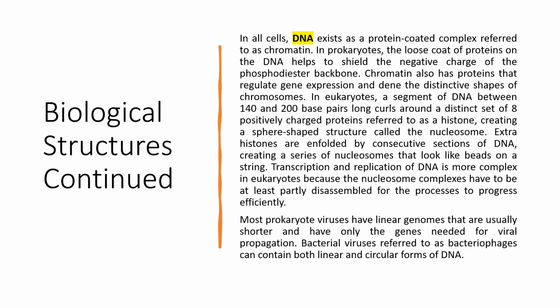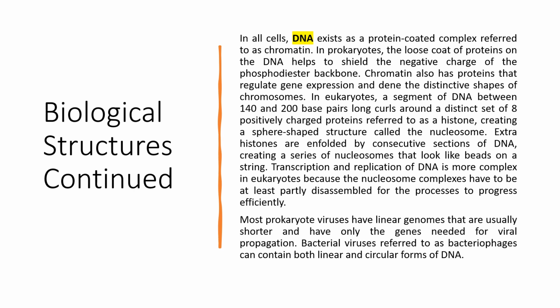In all cells, DNA exists as a protein-coded complex referred to as chromatin. In prokaryotes, the loose coat of proteins on the DNA helps to shield the negative charge of the phosphodiester backbone.